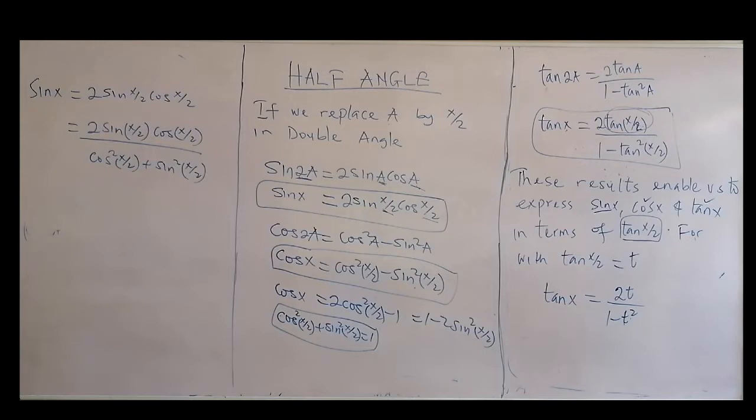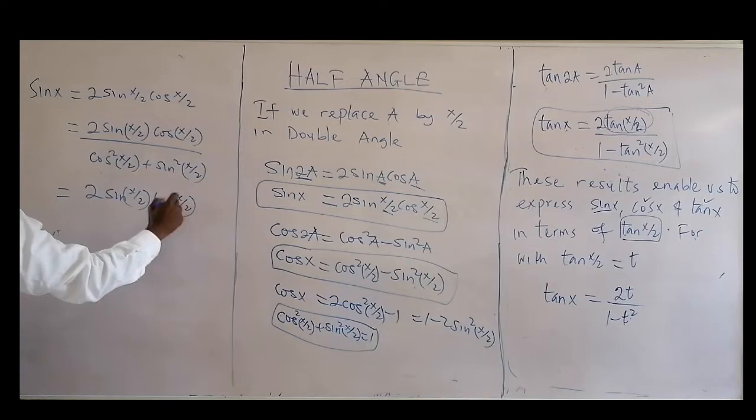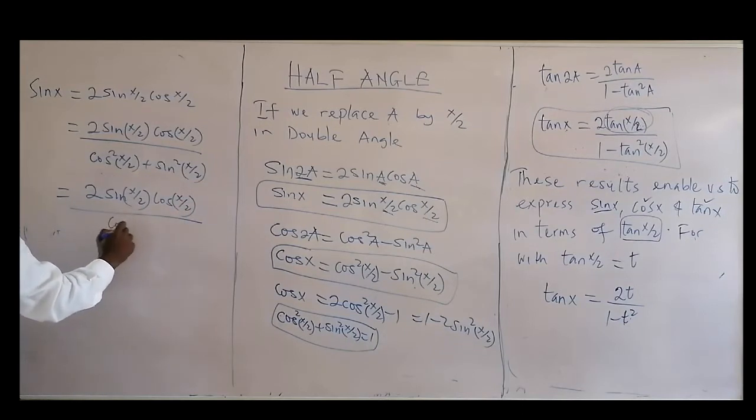So if you want to turn to t, then you have to get tan x over 2. So how do we get tan in this expression? Divide the numerator and denominator by cos square x over 2. So that will be equal to 2 sine x over 2 cos x over 2 all over cos square x over 2. This one cancels, remain 1 here.